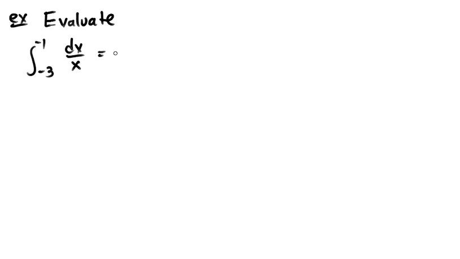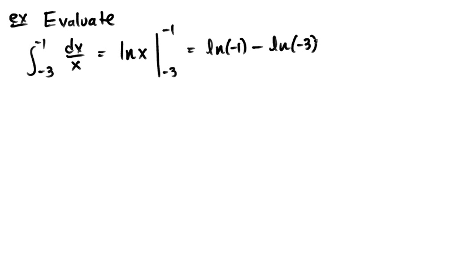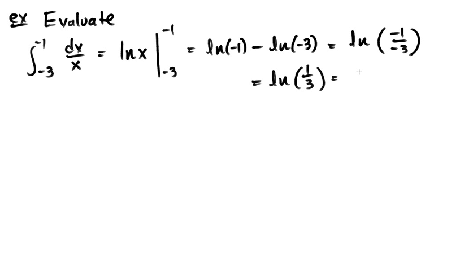In this one we're going to evaluate from -3 to -1, 1 over x dx, which you should know is ln x evaluated between -3 and -1, which is ln of -1 minus ln of -3, and that becomes, through log rules, ln of -1 over -3, which is ln of 1/3, and using your calculator, go ahead and calculate it.